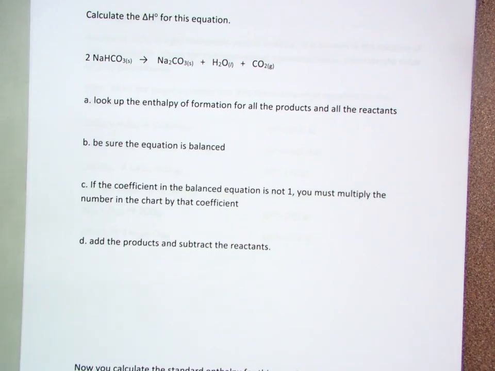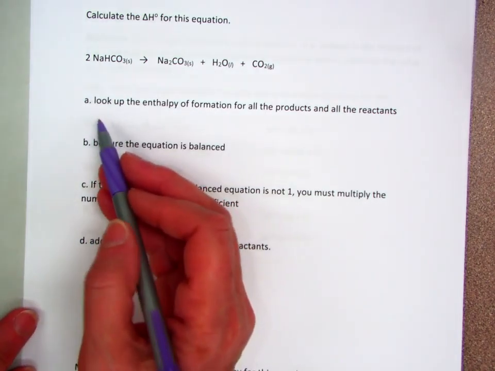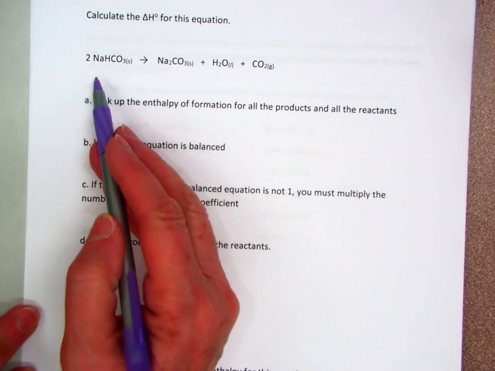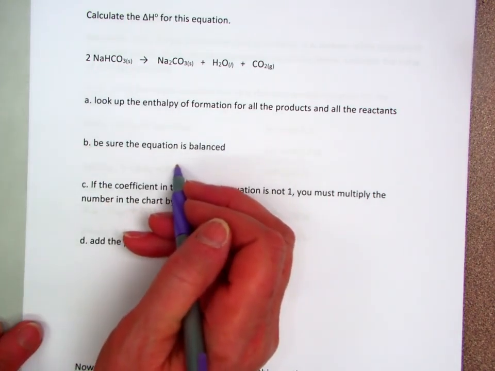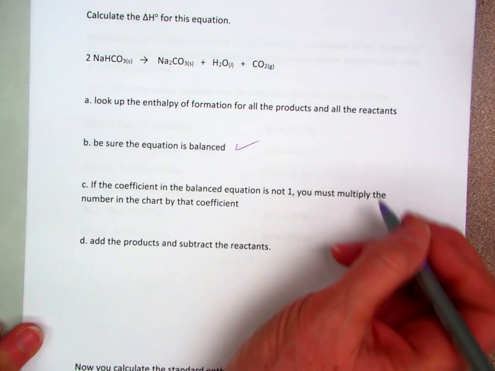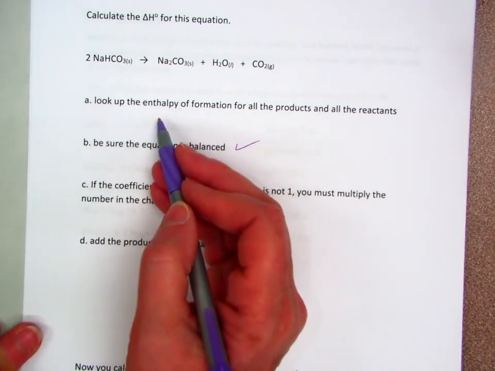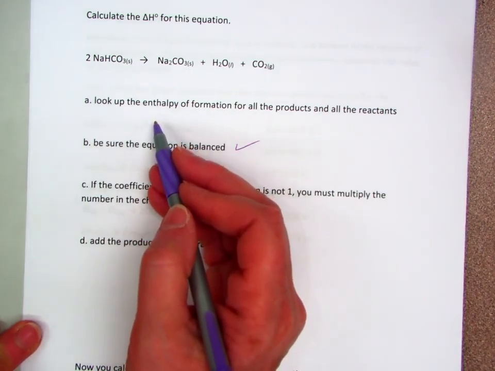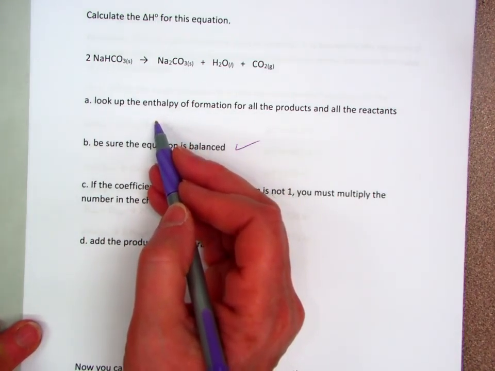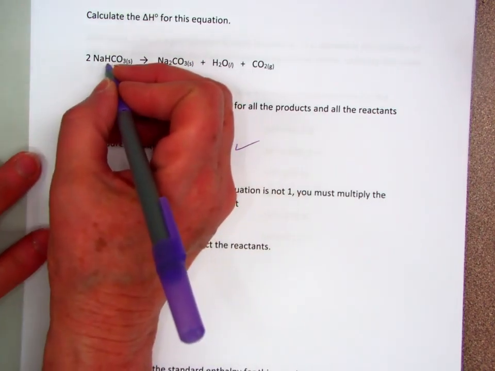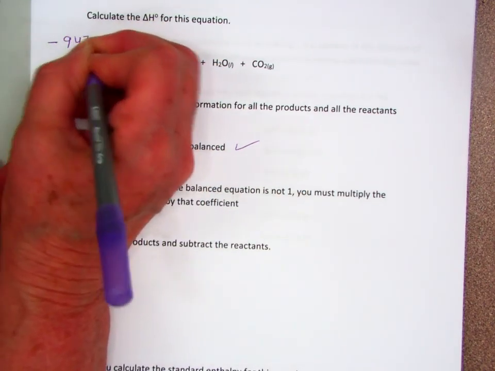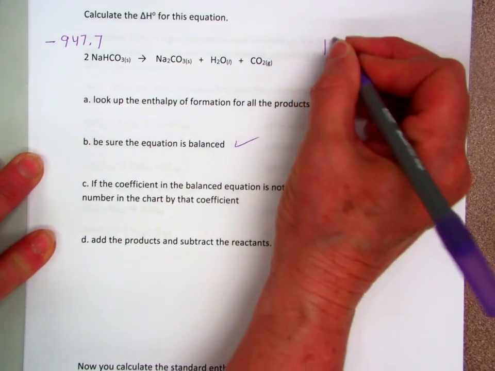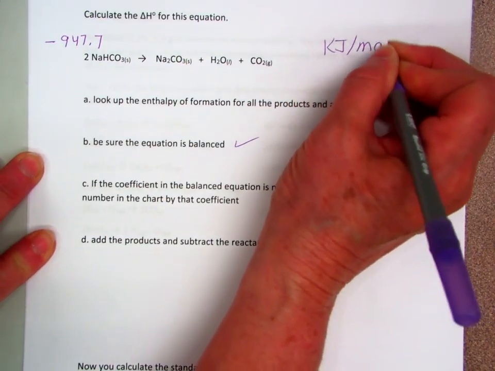So the first thing that we would do is check to make sure the equation is balanced. Always check that first. I have it second here. This one is balanced, so we're good. Then grab your chart or table and look up the enthalpy of formation for everything listed. So I did this. Sodium hydrogen carbonate is negative 947.7. These all have units of kilojoules per mole.